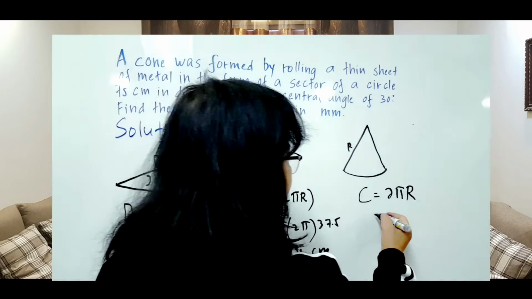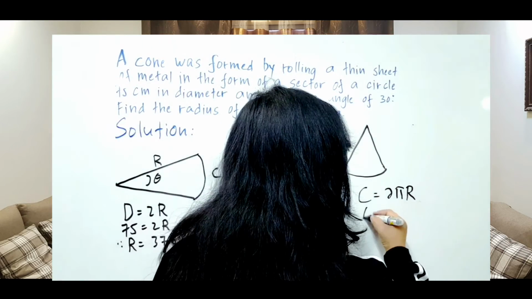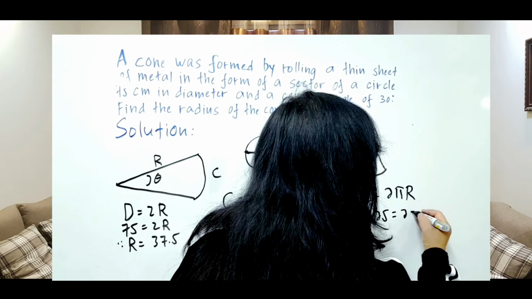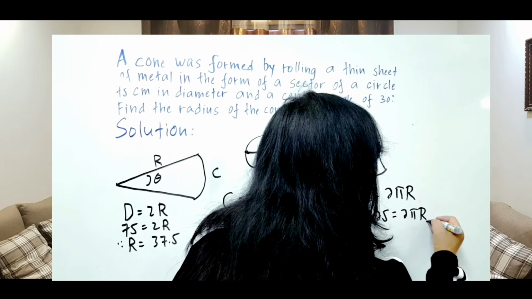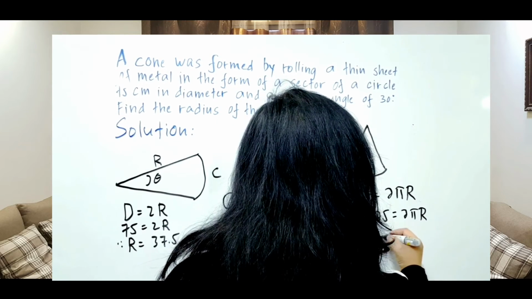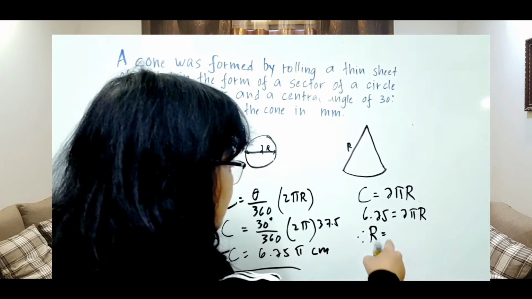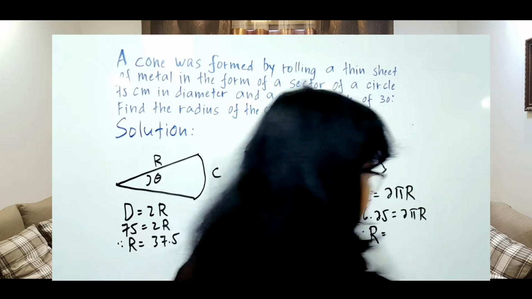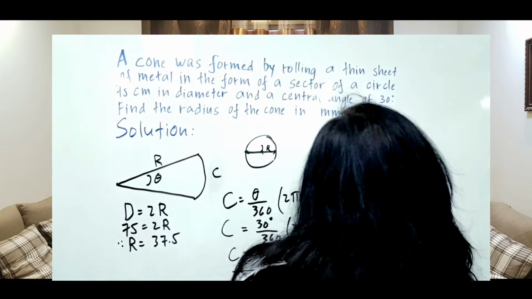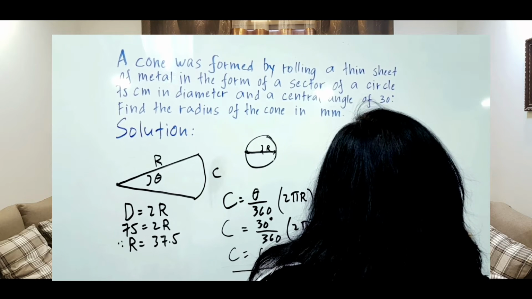So, therefore, the circumference, we can substitute 6.25 pi, is equal to 2 pi times r. Therefore, the radius of the cone is equal to 3.125 centimeter.